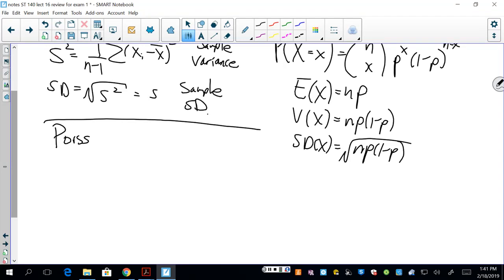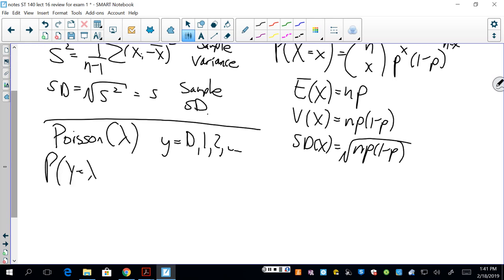The other probability formula that kind of finishes out the list of probabilities. If you have a random variable that's Poisson with a certain rate, again, it can take on the integers, but it can possibly go forever. And the chance that you have a certain outcome y is e to the negative lambda, lambda to the y over y factorial.